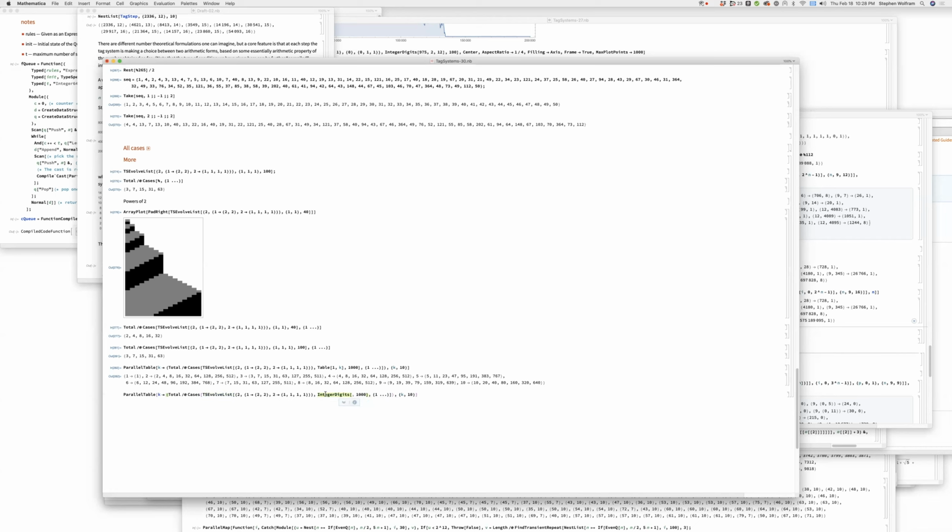Well, each case is either 2 times the previous term or 2 times the previous term plus 1.